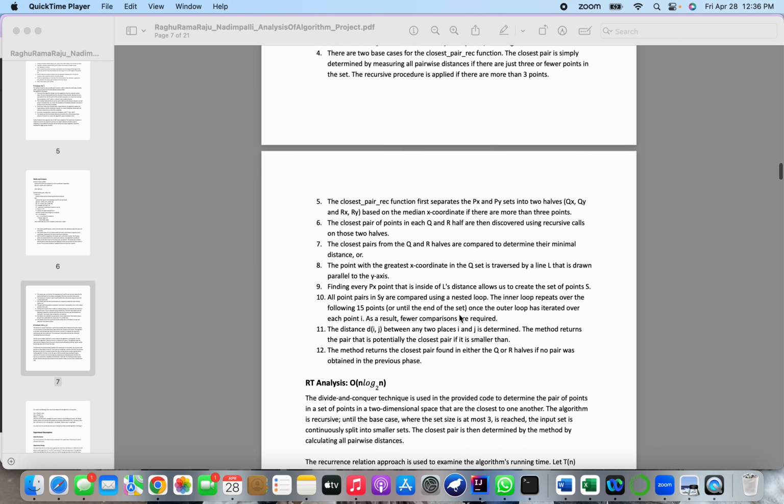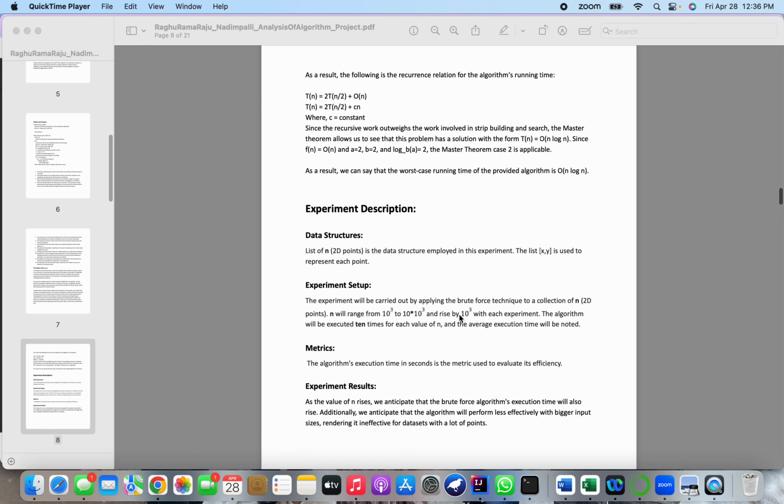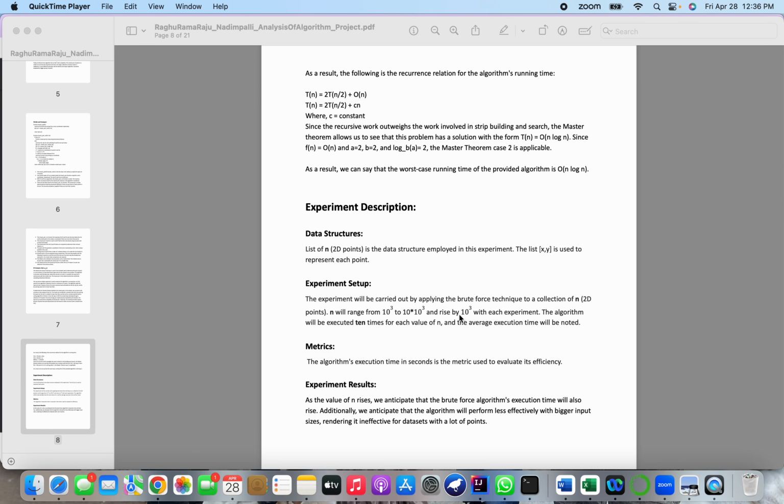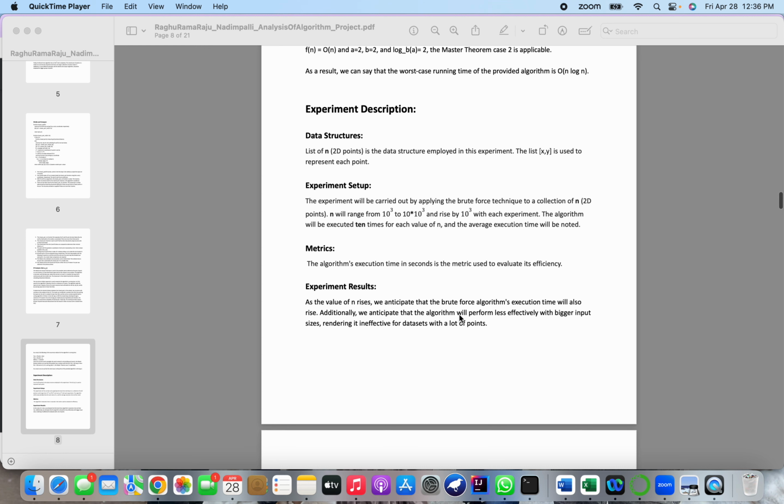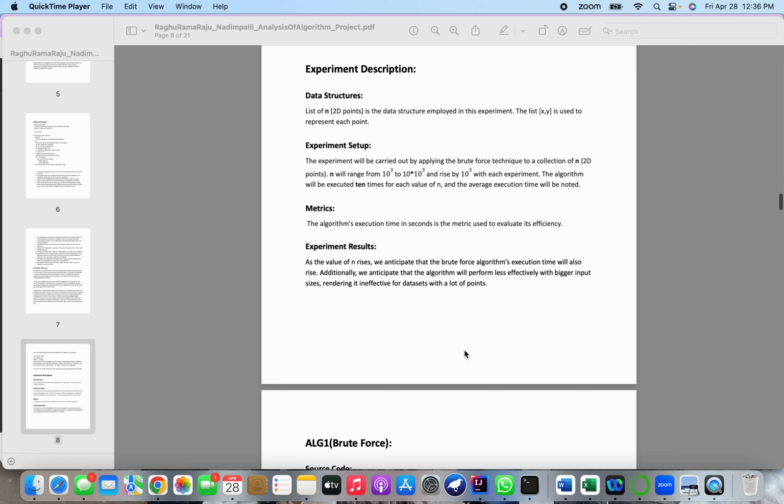And after that, the input for the closest pair problem is a set of n points in a two-dimensional space, where each point is of course represented by its x and y coordinates. The set of points can be represented in a variety of ways, including as a list or an array, with each point represented as a tuple or a structure containing the x and y coordinates.